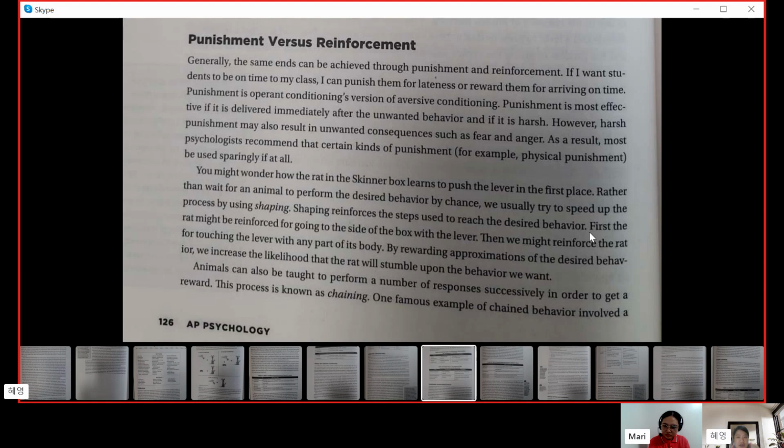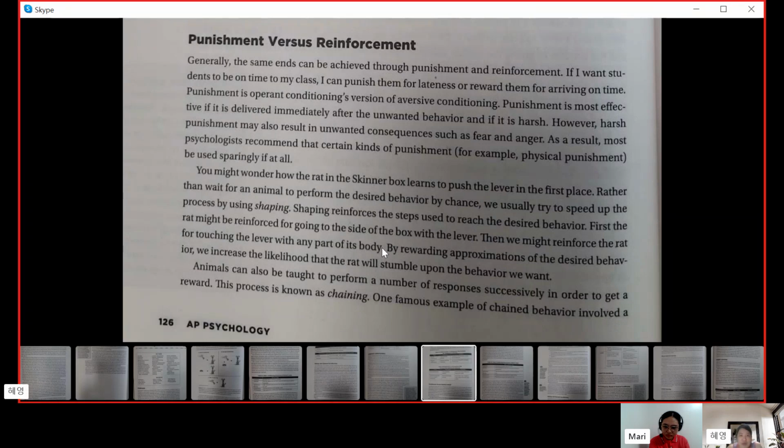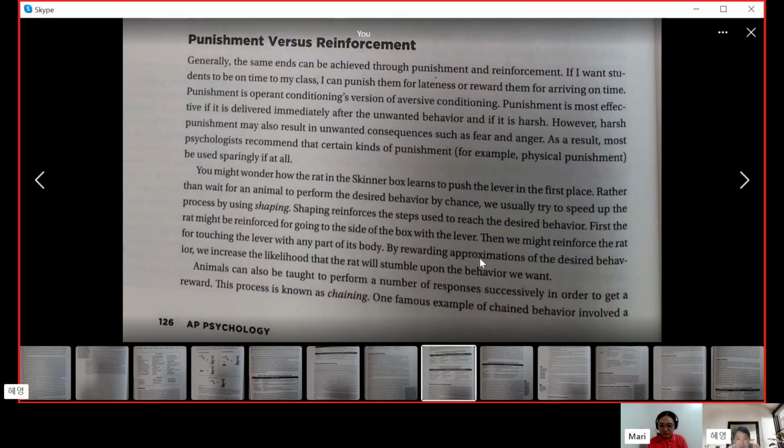First, the rat might be reinforced for going to the side of the box with the lever. Then we might reinforce the rat for touching the lever with any part of its body. By rewarding approximations of the desired behavior, we increase the likelihood that the rat will stumble upon the behavior we want.